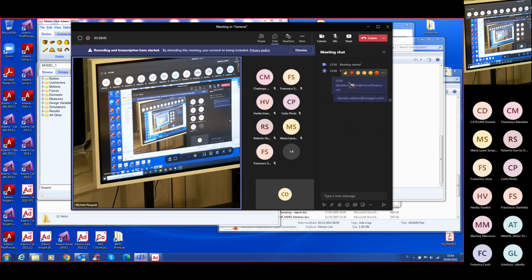Given the numbers, I see 13 people, and there are 2 other people outside, so I would say up to 3 persons per group.